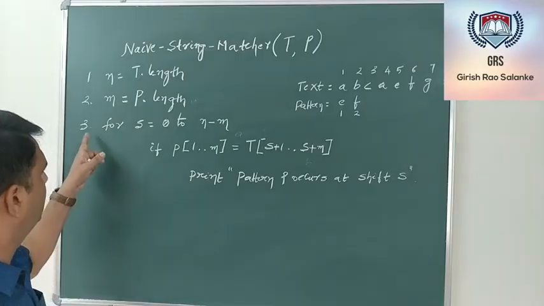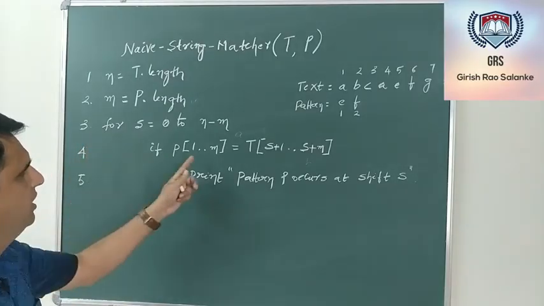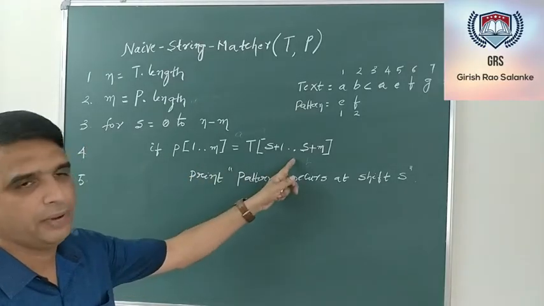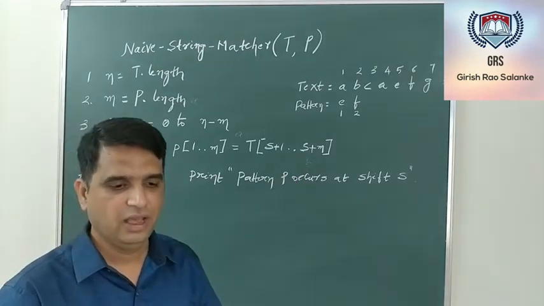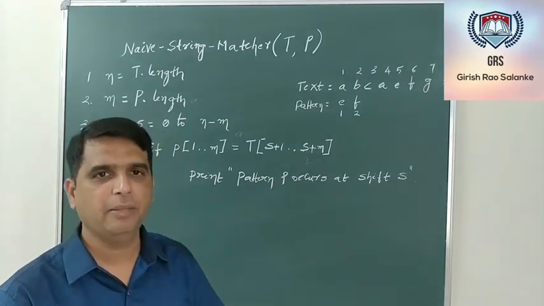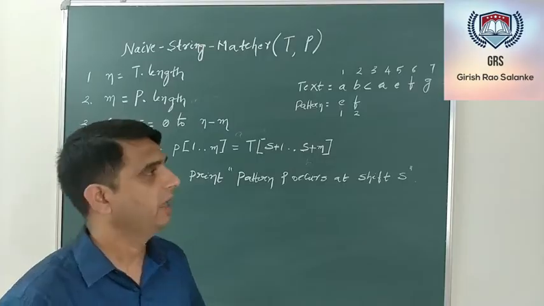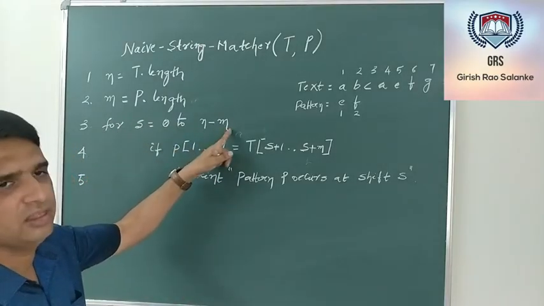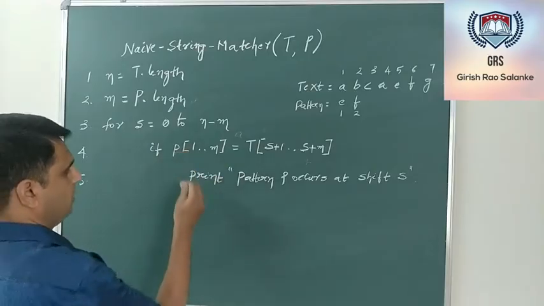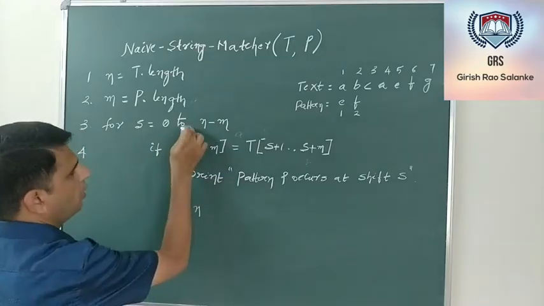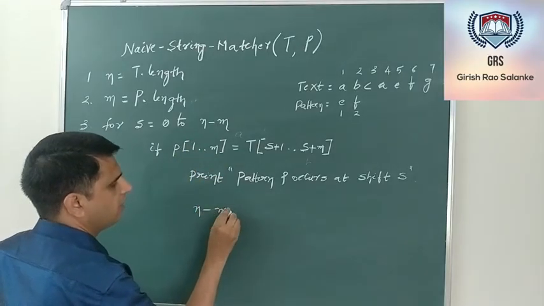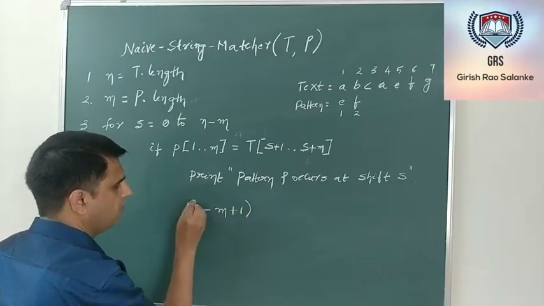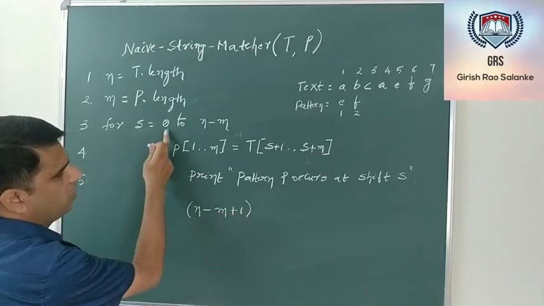Here you saw that the basic operation is the comparison. In the worst case, in each iteration I may do m comparisons. The number of iterations is from 0 to n minus m, so this for loop will be executed n minus m plus 1 times, as it starts from 0.